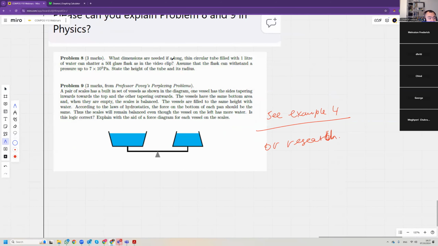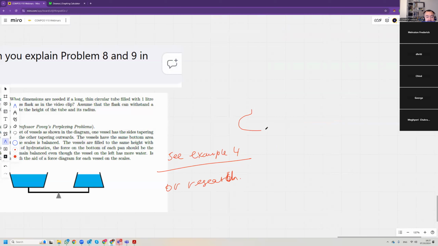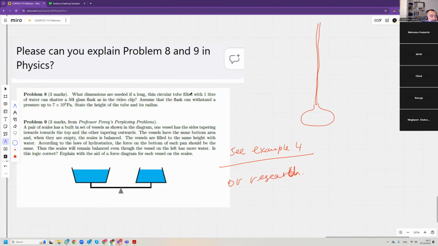What dimensions are needed if a long circular tube of 1 liter can shatter 50-liter glass in the video clip? So basically, in the video clip, you had a flask and a very thin tube. And we know that we need 1 liter. So the volume of the water in that tube is 1 liter.